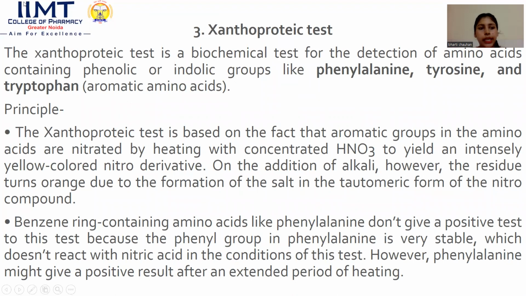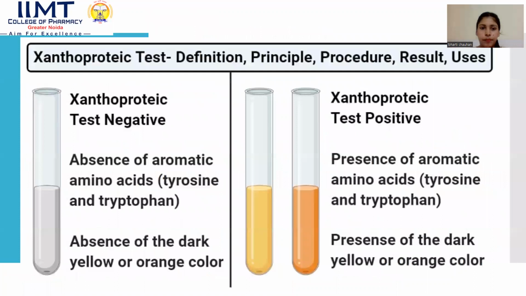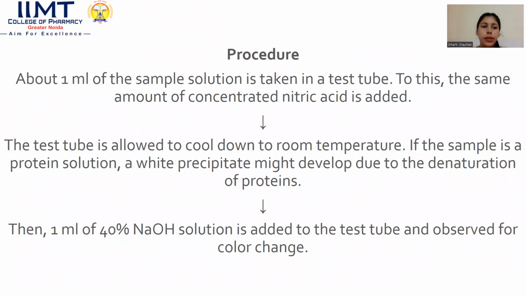Next is the xanthoproteic test. The xanthoproteic test is a biochemical test for the detection of amino acids containing phenolic or indole groups. This is a specific test, right? Phenylalanine, to find out tyrosine and tryptophan, aromatic amino acids. So how do we perform it? About 1 ml of sample solution is taken in a test tube. To this, the same amount of concentrated nitric acid is added. The test tube is allowed to cool down to room temperature.